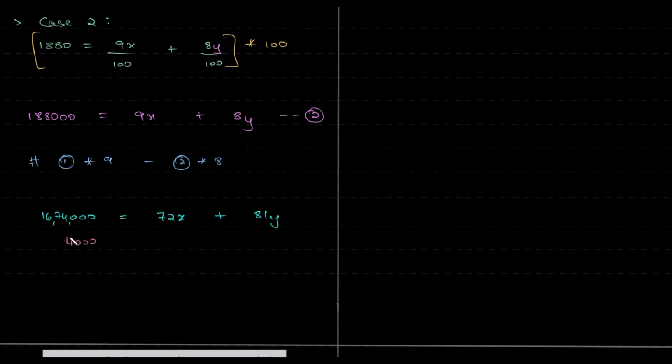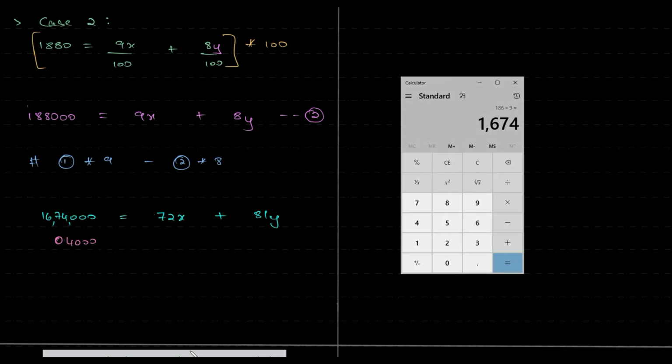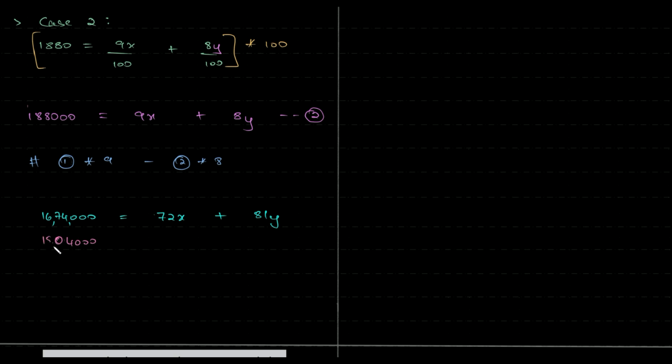Wait, I think I did something wrong. What am I missing? I did something wrong again. I'm not in the right mindset. So this is equal to 72x plus 81y, and 72x plus 64y, so there is change in sign.